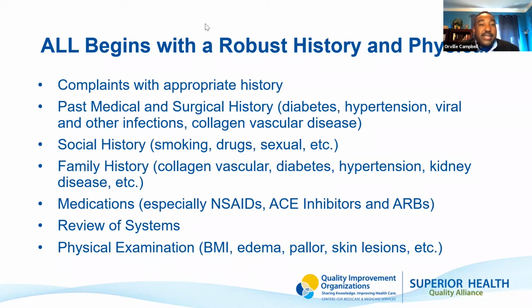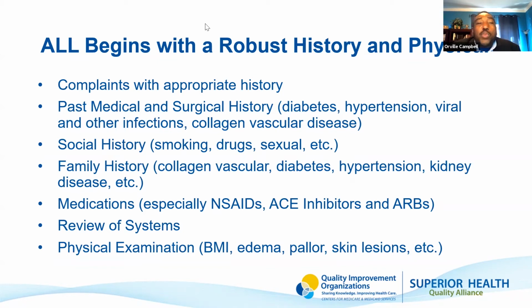Smoking, which can impact the vasculature and cause chronic kidney disease, could be from illicit drugs or legal drugs that are prescribed, or sexual behavior that can lead to hepatitis infection, which can set up chronic infection or acute infection in the kidneys.